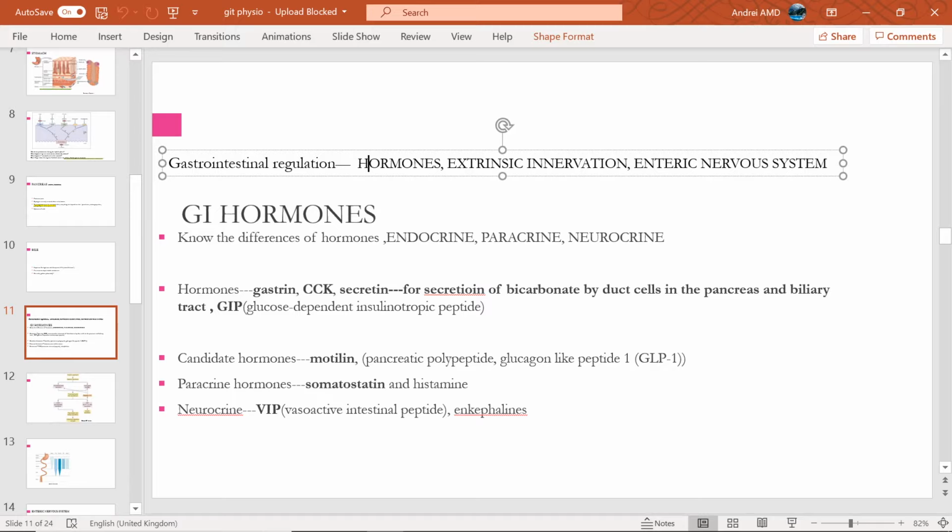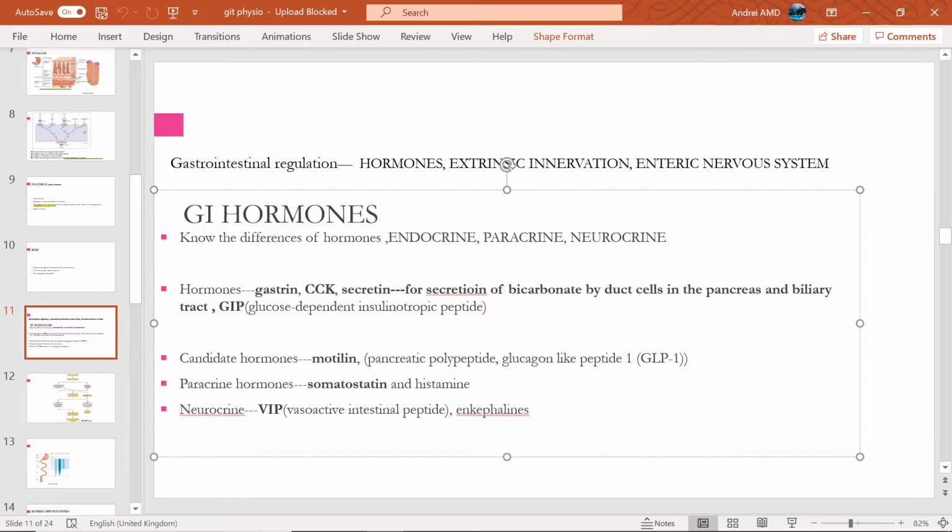Endocrine hormone is probably the hormone that you think of every day. It's secreted from a cell, goes to the systemic circulation, and works on a target cell that has a receptor. That's what makes them endocrine. It's circulating in your body all the time.